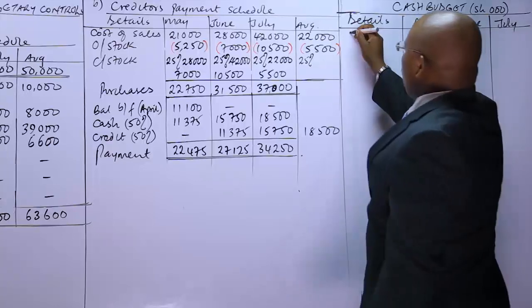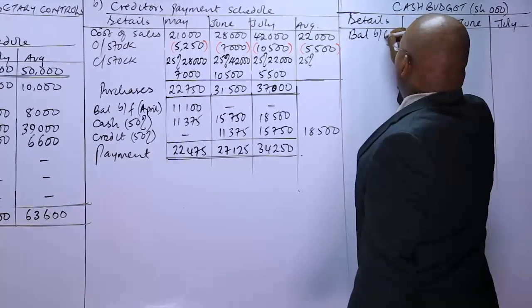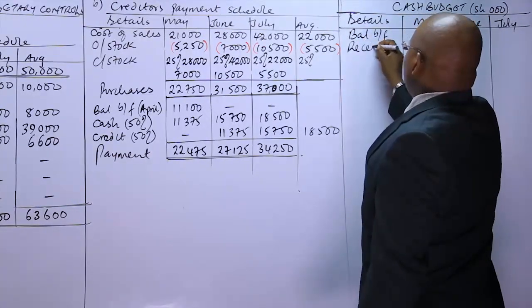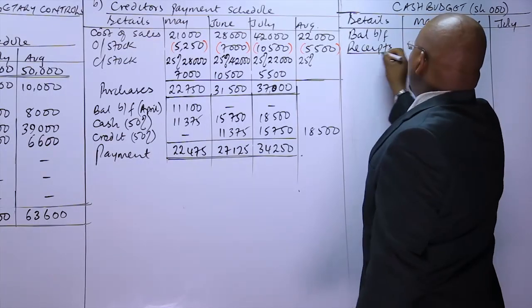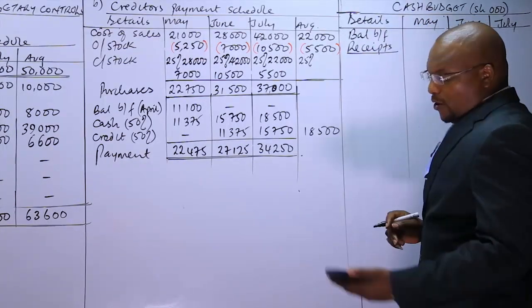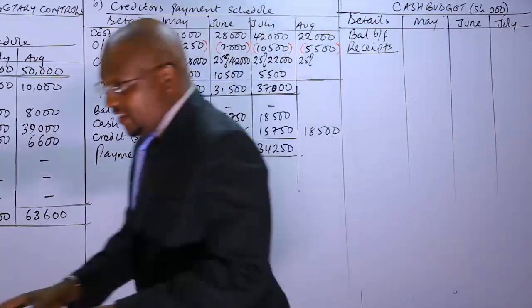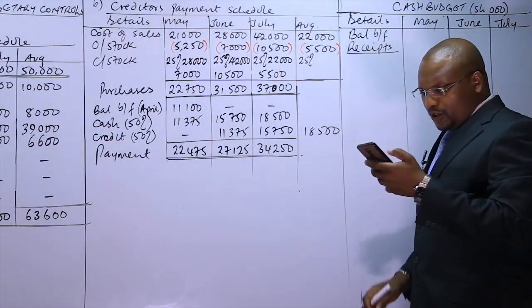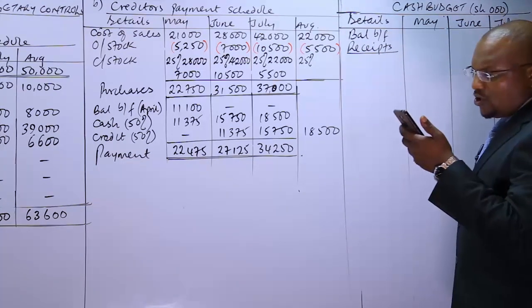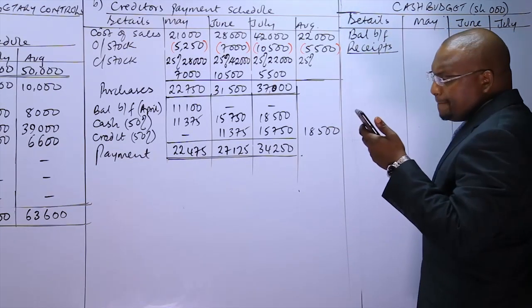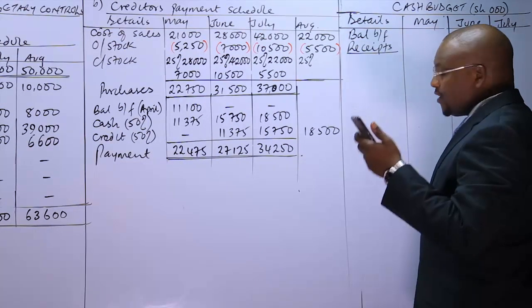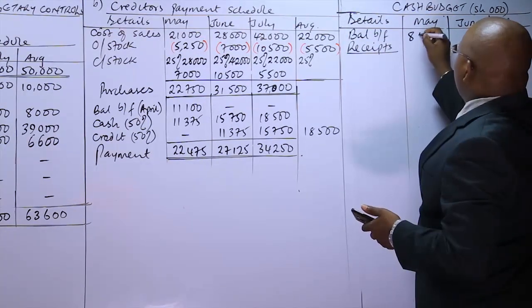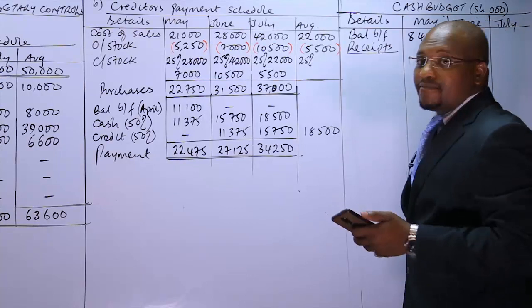We normally start with the opening balance, so balance brought forward. Then we come to the receipts, and we underline the receipts. Now, the opening balance, as we have been given in the question, which I believe was the last information, number 9: the cash balance on 30th of April amounted to 8.4 million. That means the opening balance is 8,400, as the figures are in thousands.